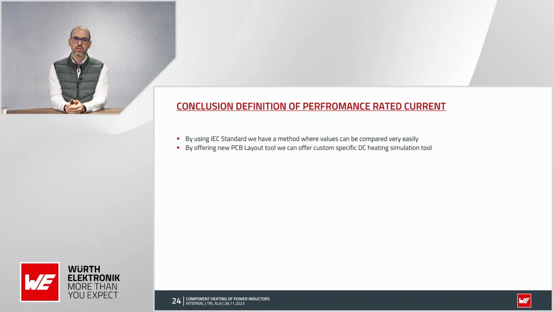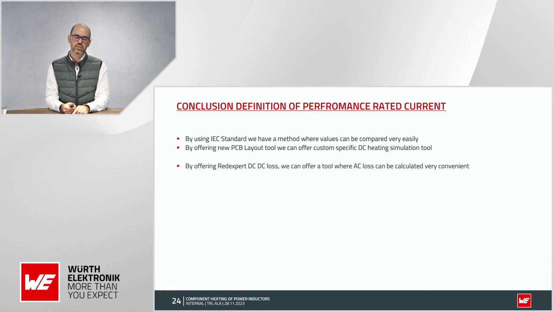And then also by offering the new PCB layout tool, for sure we can go to the next step and see, okay, if I have made my decision, I can already check: are my top 3 part numbers all usable for my end application, or maybe just 2 of them. Then together with the AC losses out of the Red Expert, we can make a good bundle out of the losses.